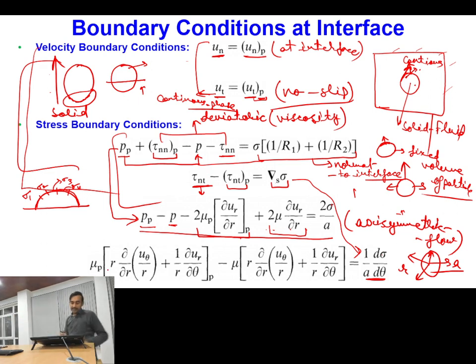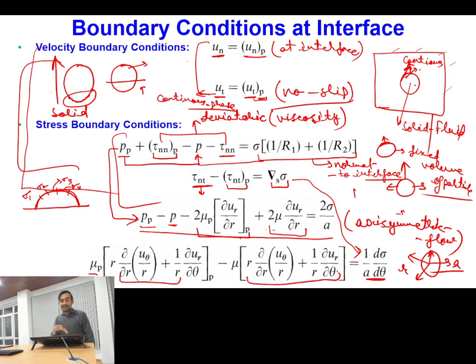So here you have mu p times, representing the corresponding shear stresses in the particle and the continuous phase, under the 2D axisymmetric assumption.